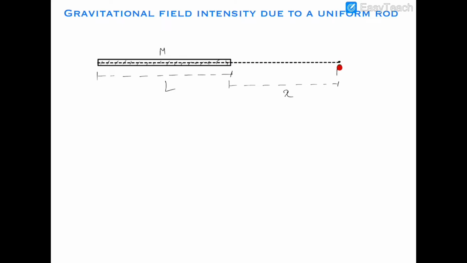So this point P is located on the axis of the rod at a distance of x from the nearest end. So we need to find out the gravitational field intensity at this point P.